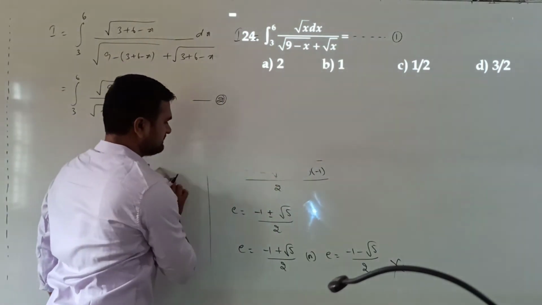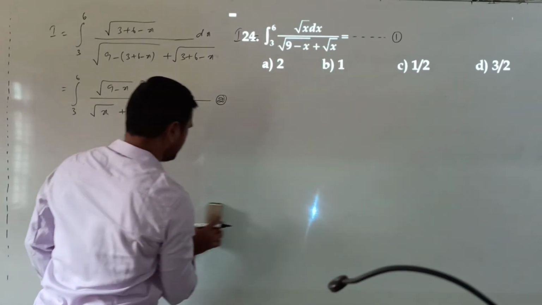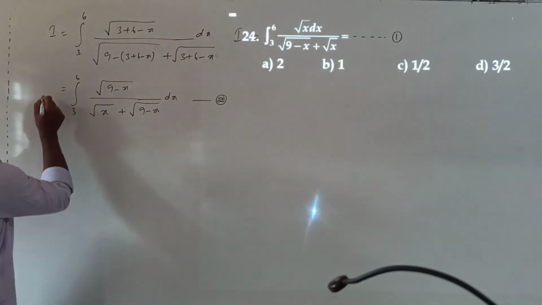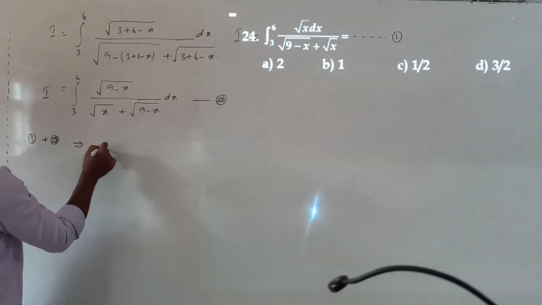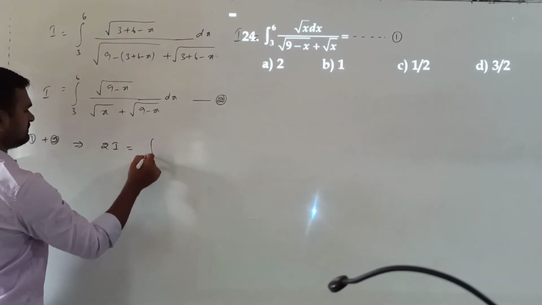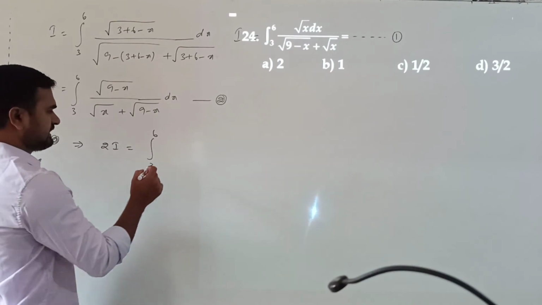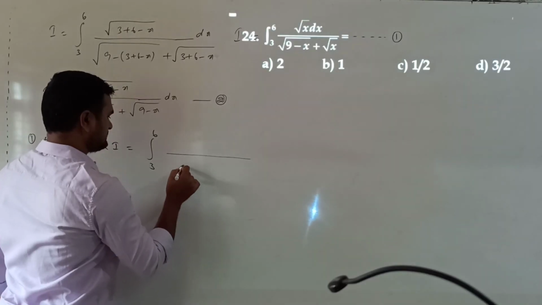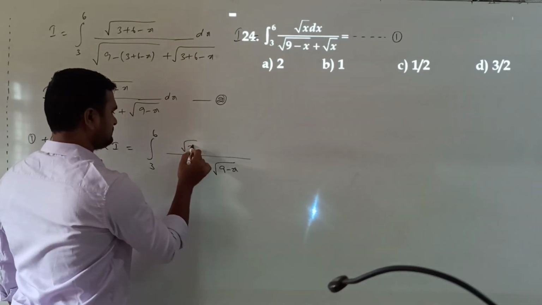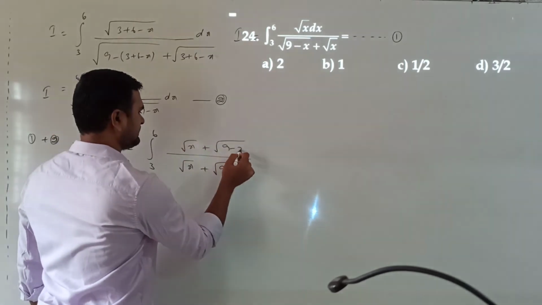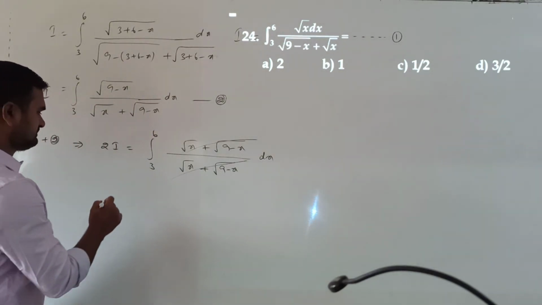Thus you can see that in these two the denominator is the same, so we can add the numerators. Adding 1 and 2: I plus I is 2I, integral from 3 to 6. The denominator is the same, so we can add numerators. The denominator is root x plus root of 9 minus x, so the numerator is also root x plus root of 9 minus x, and that will get cancelled.